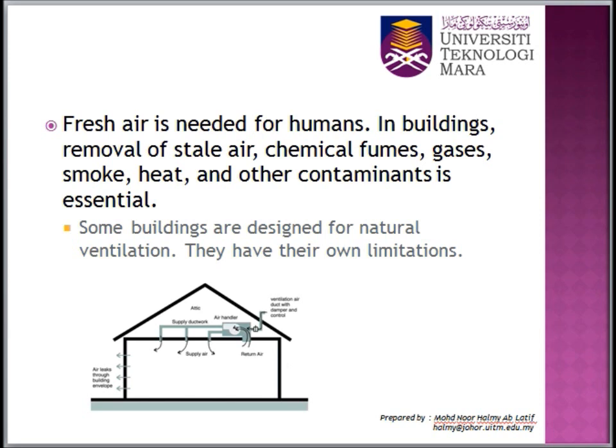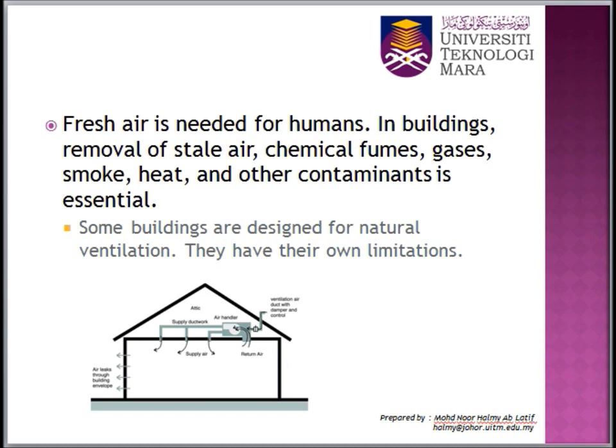Okay, contohnya, kalau rumah you tu ada semua natural ventilation. Natural ventilation bermaksud apa tu? Tingkap, ducting. Okay, so bayangkan kalau kat dapur tu mak you tengah masak dan tak ada penyedut asap.